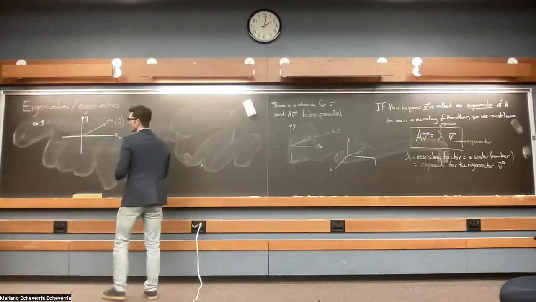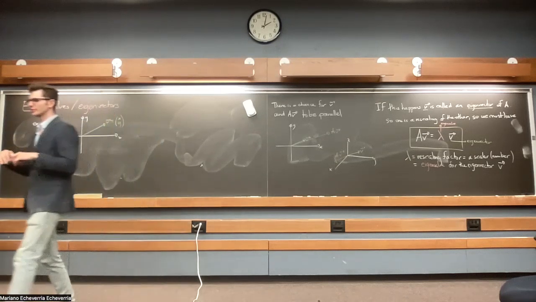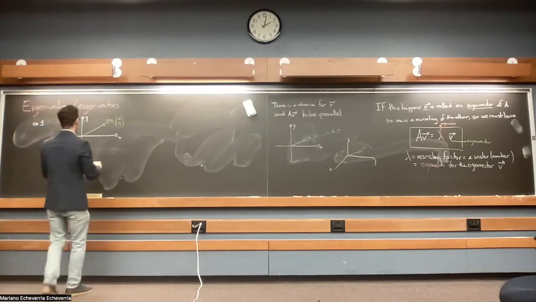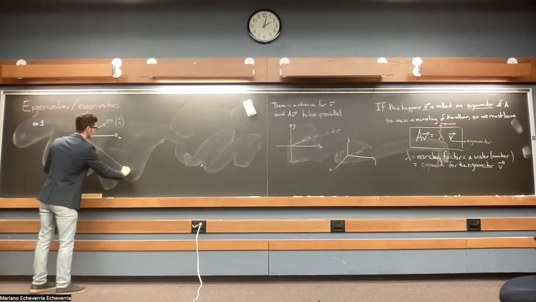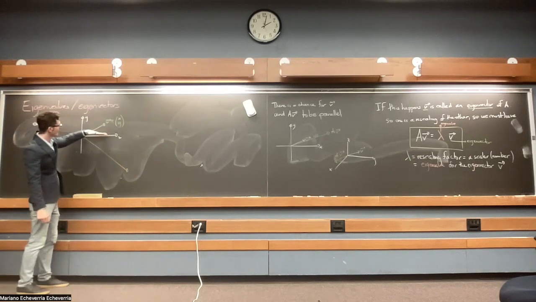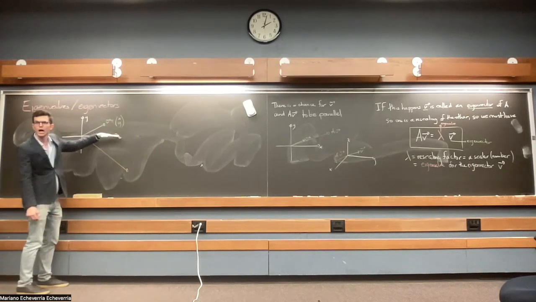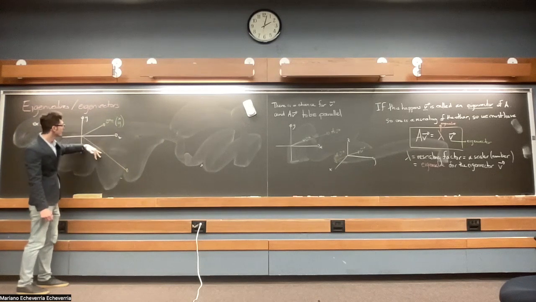The matrix, the operation on this vector, will take this vector and reflect it across the x-axis. I don't know if you remember, at the beginning of the semester, we found a matrix of this form. If you imagine you put a mirror across the x-axis, you look at its mirror image.